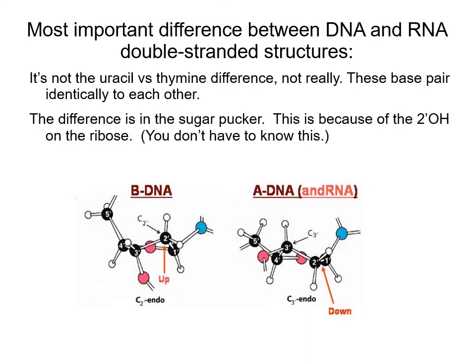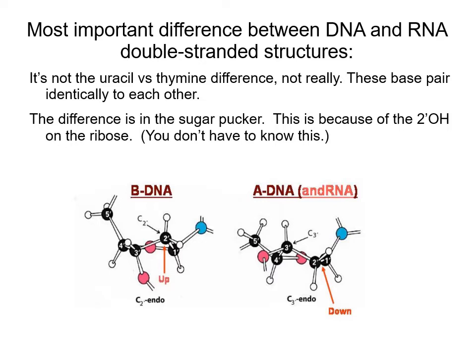Okay, so I am no chemist, but I want to let you know this happens. You'll never hear any more chemistry from me. The difference is the configuration around the C2 and C3 carbons. In one case, the C2 carbon for the B form is up out of the plane of the ring of the rest of the oxygens, and in the RNA case, it's the C3 that's up.